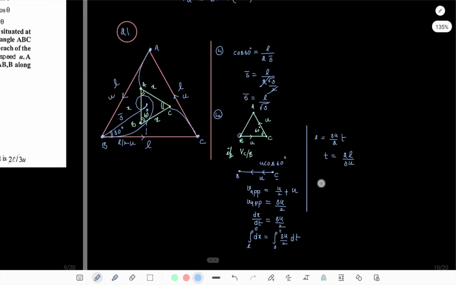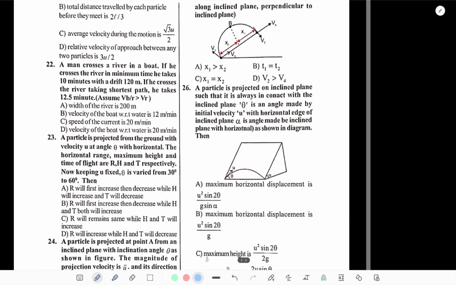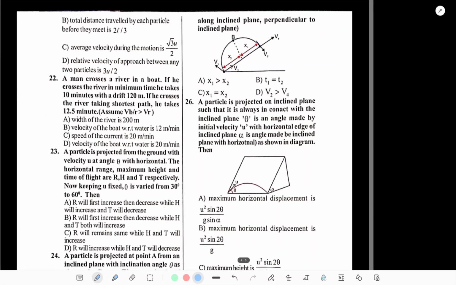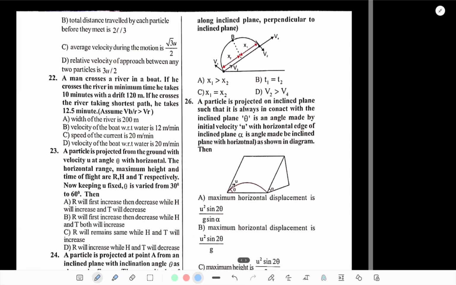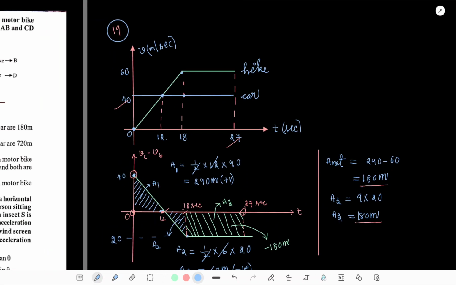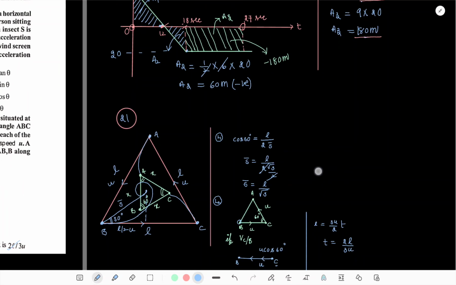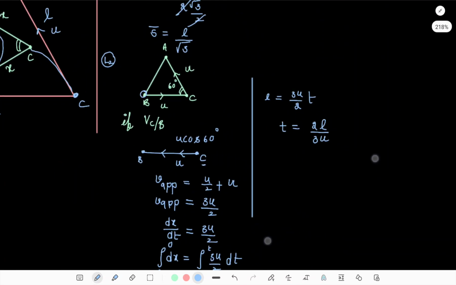And what else we have to find? We have to find the total distance traveled by each particle before they meet. Each body is moving with constant speed u.